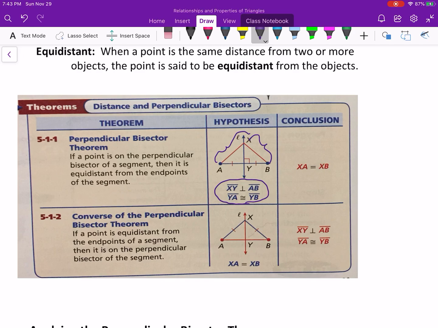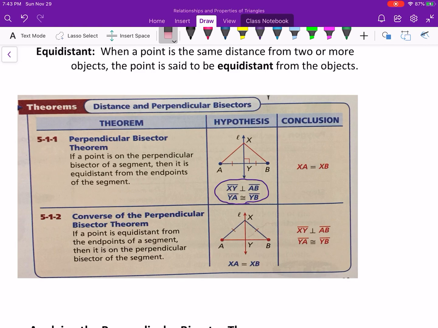So if we look at it all together, okay, since X is on the perpendicular bisector of the segment AB, that means it is also the same distance from point A as it is from point B. And we're going to use that here in a minute in a couple of examples.